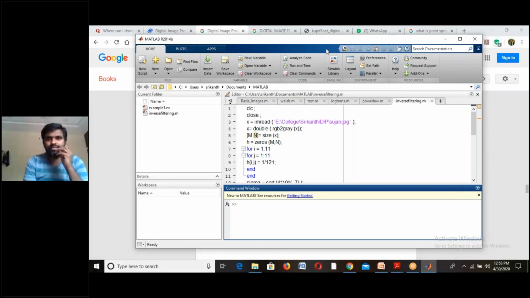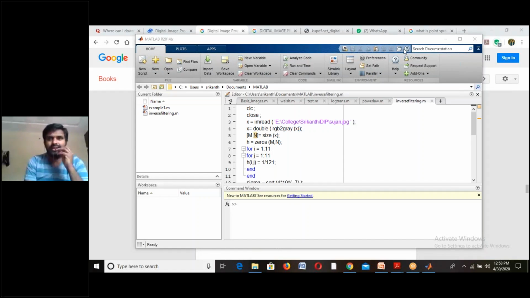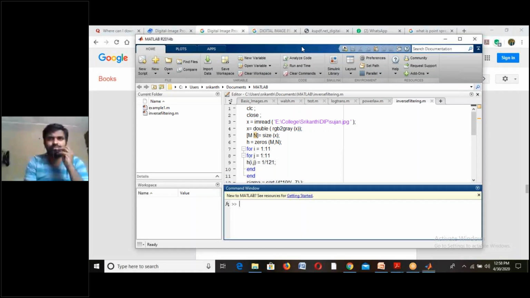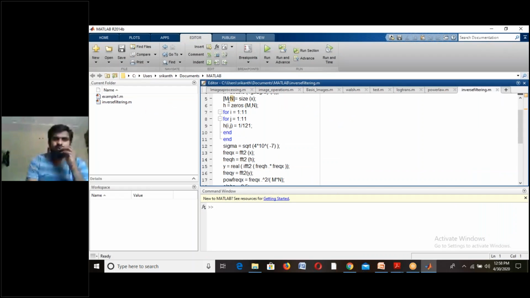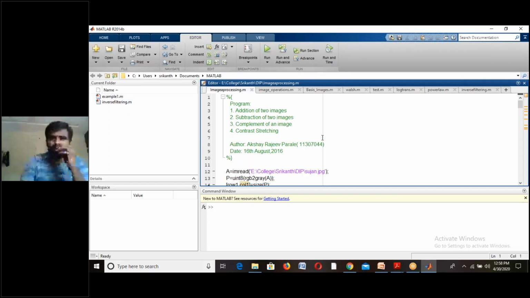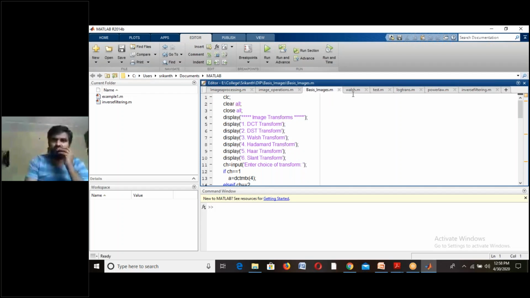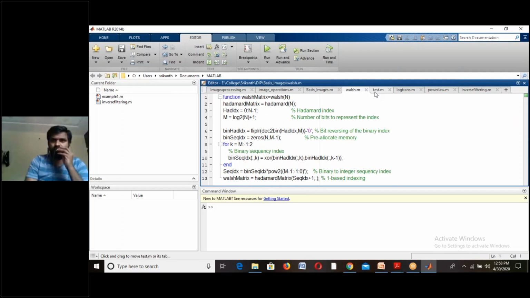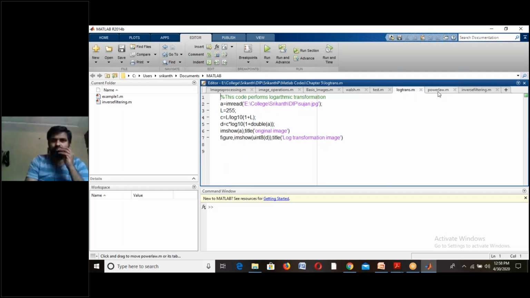The other day I said all the things can be implemented in MATLAB. For the B section, people have shown operations on the image. How do you add images, subtract images, complement, contrast stretching, all the things I have explained. Image operations and the basis functions, Walsh transform, and all the things.